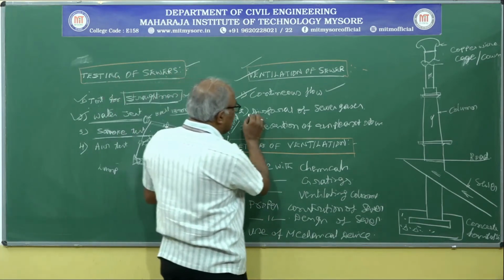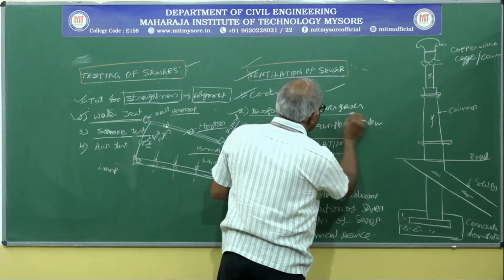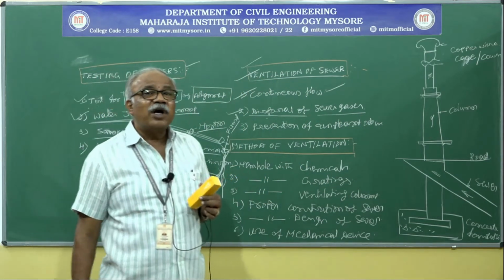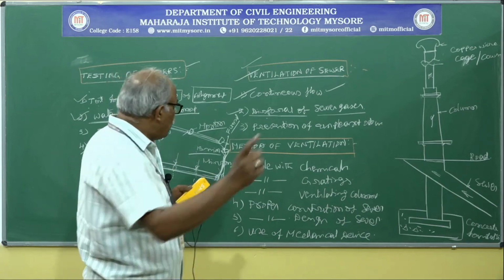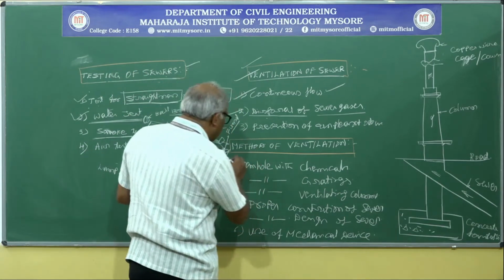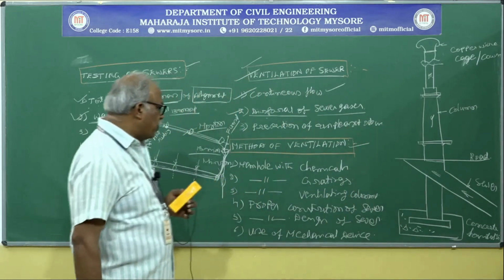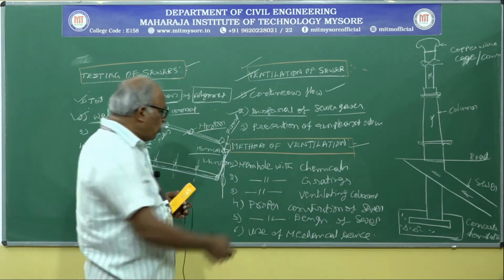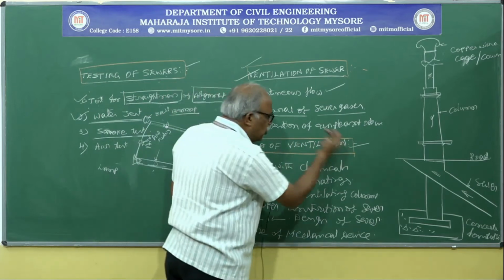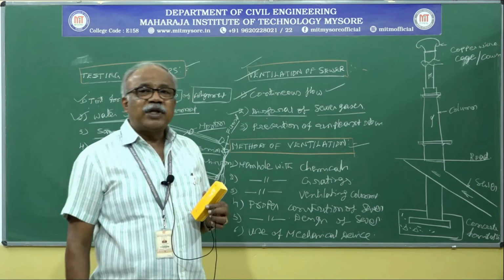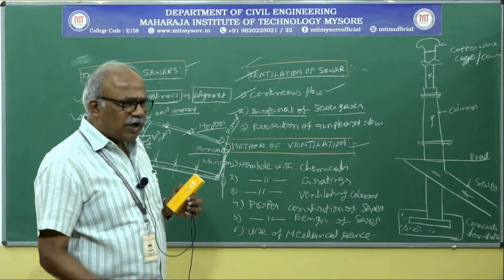For that purpose only, disposal of sewer gases. How to dispose of the sewer gases from the conduit? Later on, I will mention it in a bit. For that purpose, we are going to take some methods of ventilation.